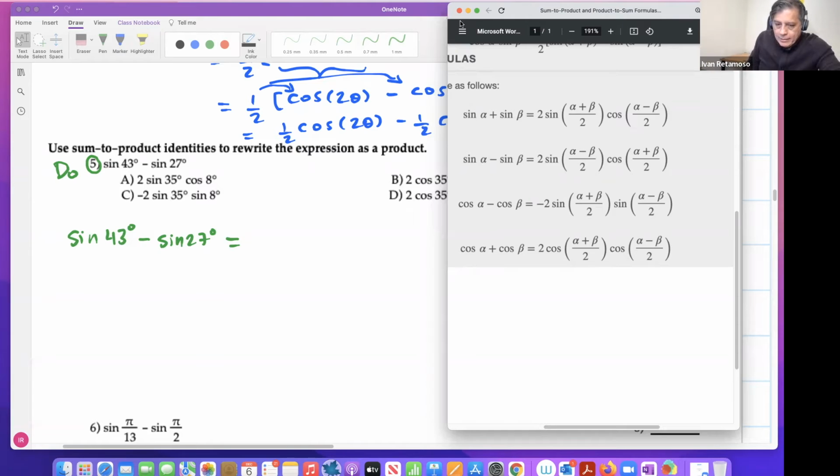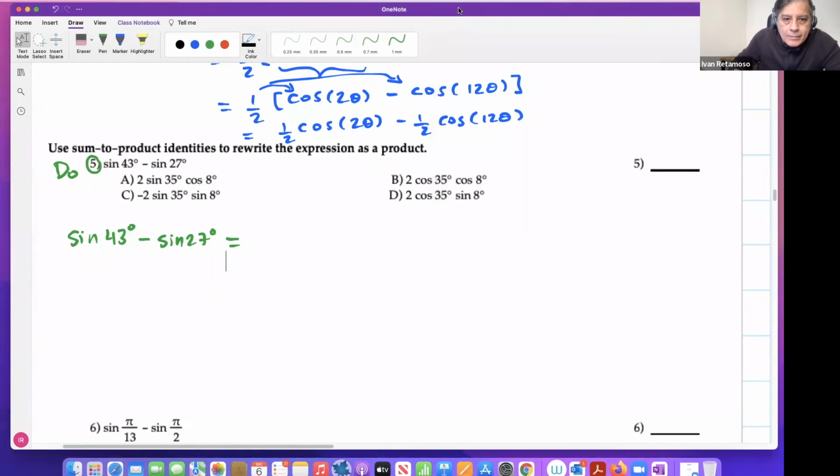Great. Okay, so let's use the second formula, which says sine of the semi-difference multiplied by cosine of the semi-sum. Okay, very good.